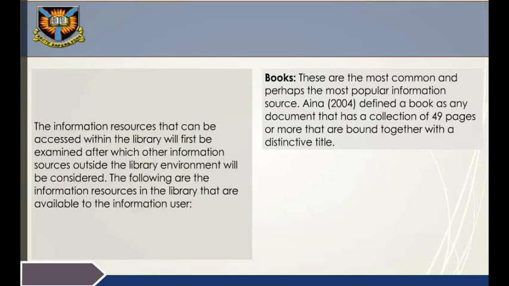The following are the information resources in the library that are available to the information user. Books. These are the most common and perhaps the most popular information source. INO 2004 defined a book as any document that has a collection of 49 pages or more that are bound together with a distinctive title.